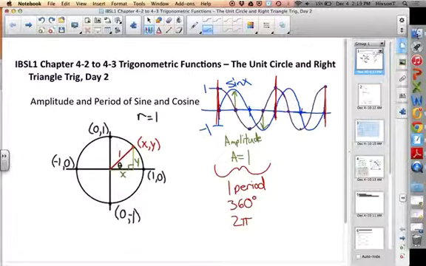Alright, so you'll notice the shape is the same as the sine curve. It's just shifted over. How far over is it shifted? Think in terms of our angles.